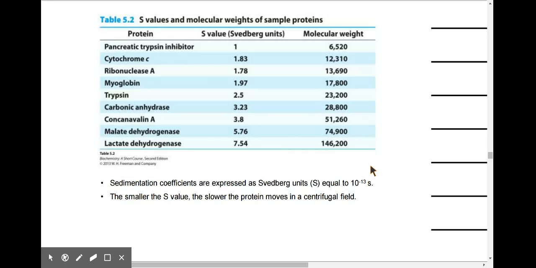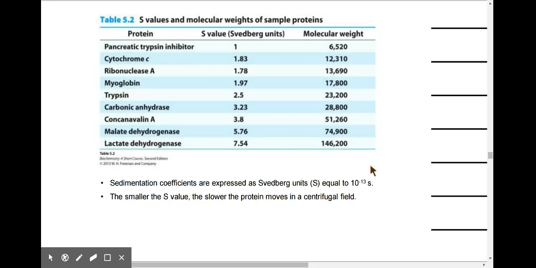Why could that be? Yeah, so we could have a more compact structure or denser, right? So this cytochrome c essentially has lower molecular weight but higher S value over here, because it's more compact, it has a more dense structure relative to the ribonuclease.